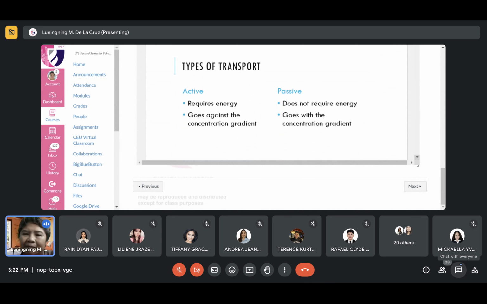Let's talk about the passive. First, when we say it goes with the concentration gradient, it means that the material moves from the area of high concentration to the lower concentration. That is the movement of any materials, whatever it is: you move from high to low.